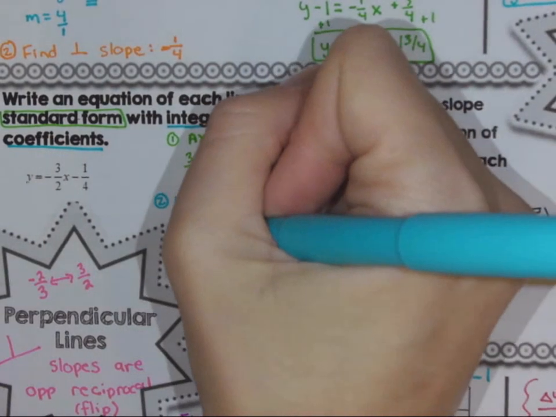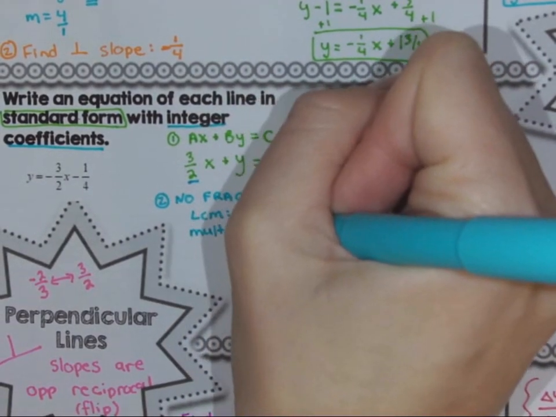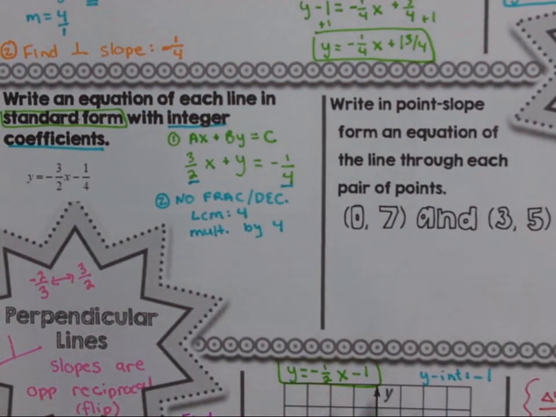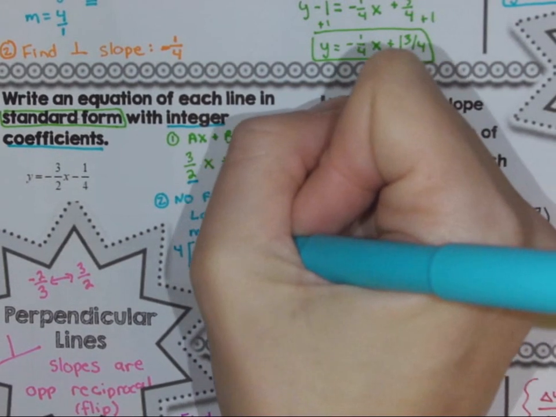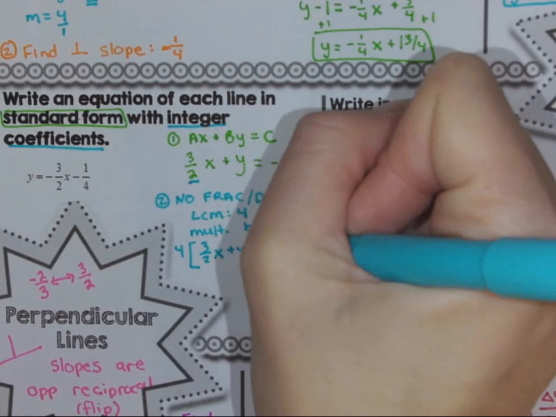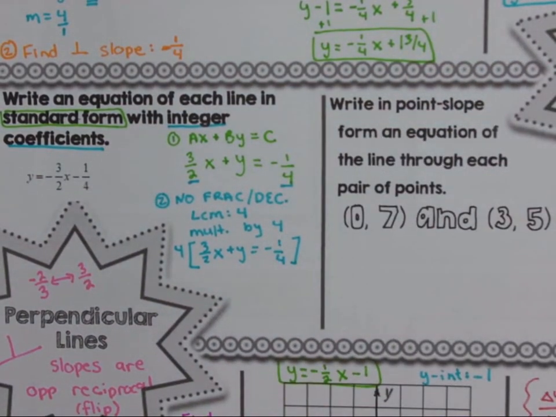We're going to take that LCM, which is 4, and multiply by 4. So here's what that looks like. We're going to take 4 times 3/2 x plus y is equal to -1/4.